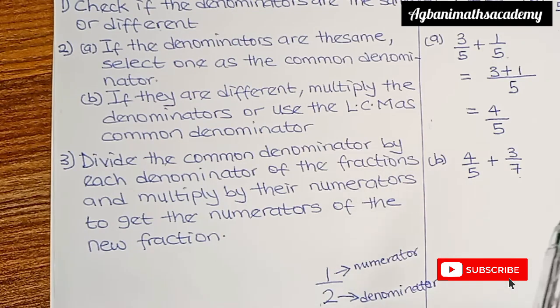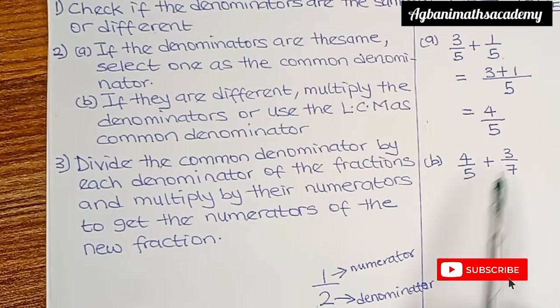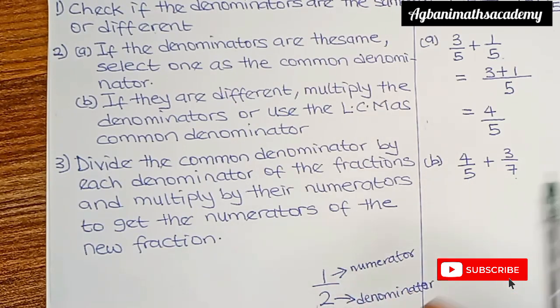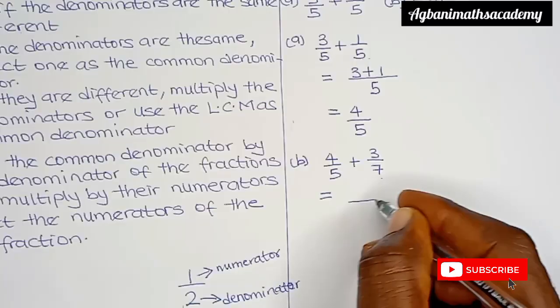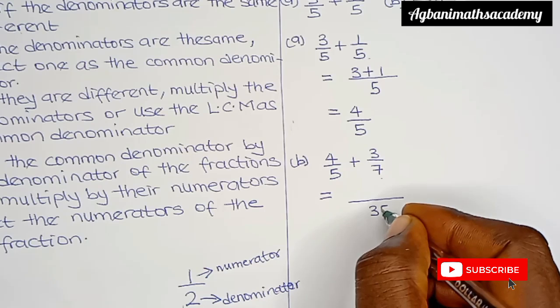When do we multiply the denominators? We multiply them when the two denominators are less than 10. Okay, so once you see that the two denominators are less than 10, you simply multiply the denominators to get the common denominator. So our common denominator here will be 5 multiplied by 7, which will give us 35.